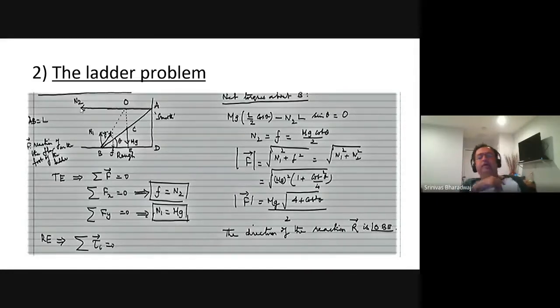It is also an unknown. So you have F equals N2. Both F and N2 are unknowns. N1 is mg, so now you know at least N1. So how do you evaluate both F and N2 if both are unknown?